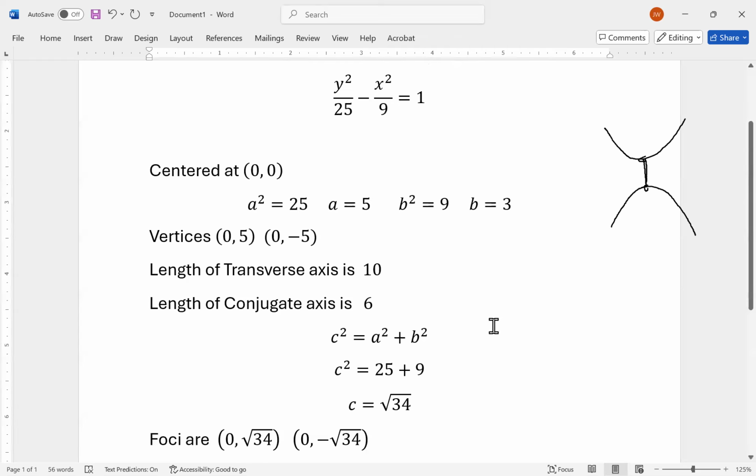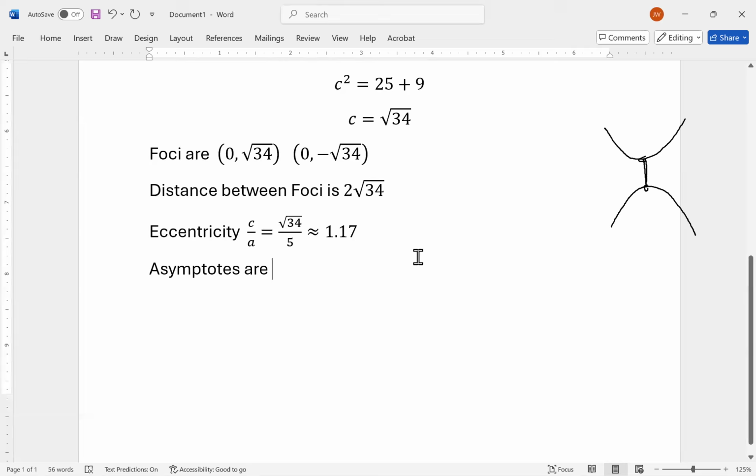Now, the last thing I was going to do is do asymptotes. Slope is always change in y over change in x, so I think of that as the number underneath the y, which in this case is the A. So we're going to go 5 over 3. So 5 over 3 is one slope, and negative 5 over 3 is another slope.